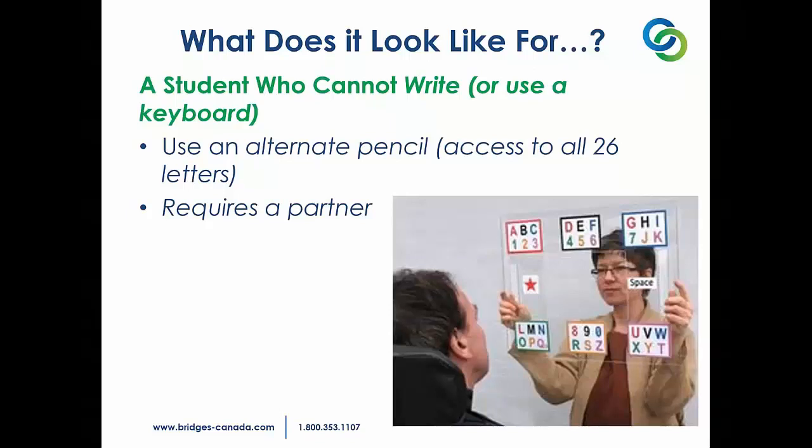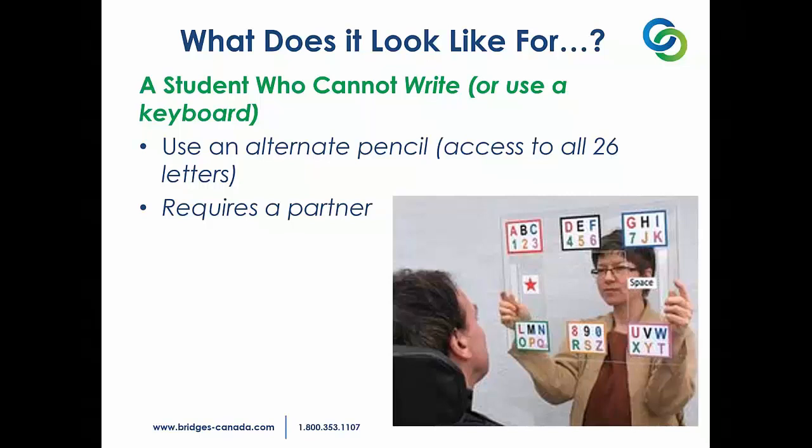Well, what if you have a student who cannot write and they can't use a keyboard? There are methods that can be used, and the method you see in the picture is called an alternate pencil. The student is using that E-Tran idea and using their eyes to gaze towards different parts of the E-Tran to tell their partner which group of letters they'll find their letter in.